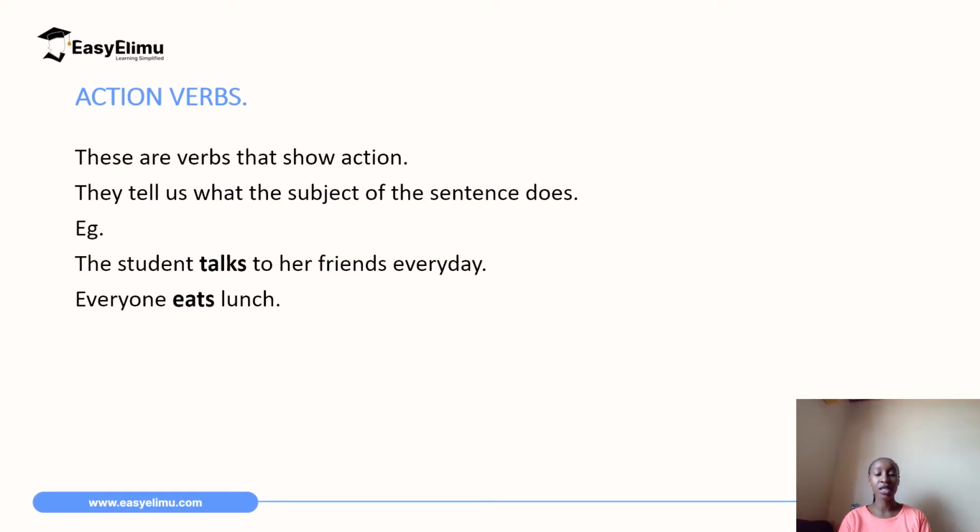The student talks. In the second sentence, everyone eats lunch. In that sentence, everyone is the subject. Eats is the verb. So the subject performs the action. So everyone eats. Eats is the action verb in this particular sentence.